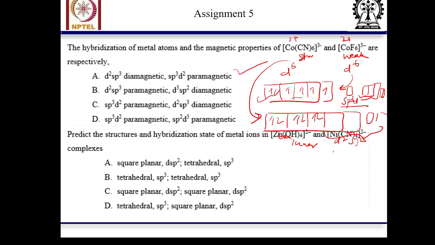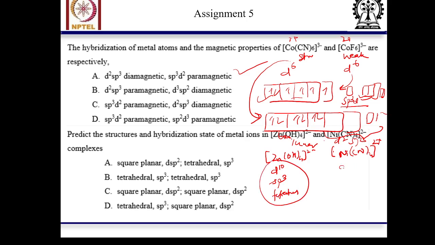Now predict the structure and hybridization of the metal ion in [Zn(OH)4] 2 minus and [Ni(CN)4] 2 minus. So this is d10, weak field ligand. So this will be sp3 and tetrahedral.